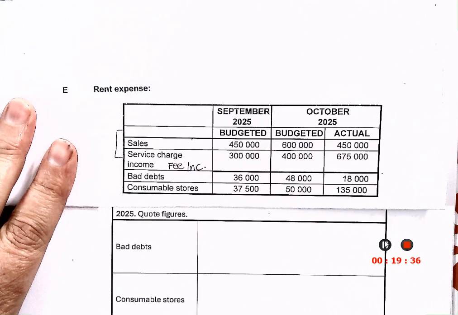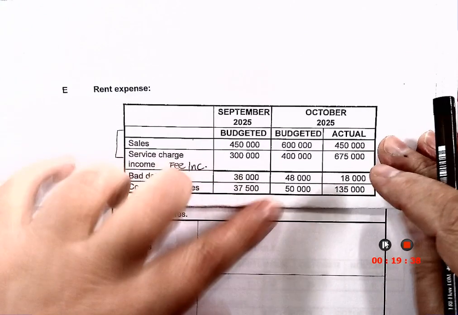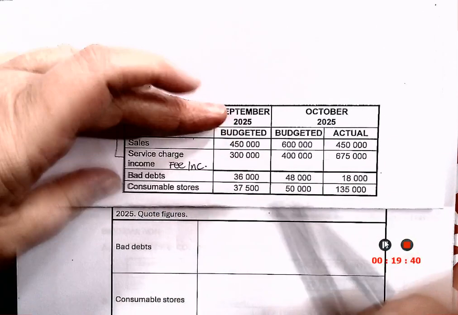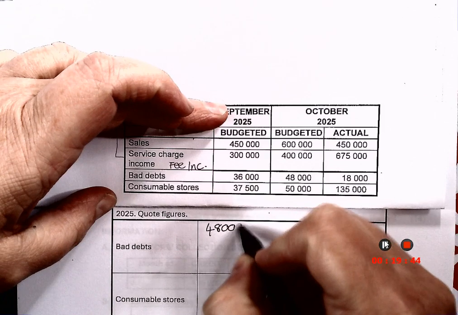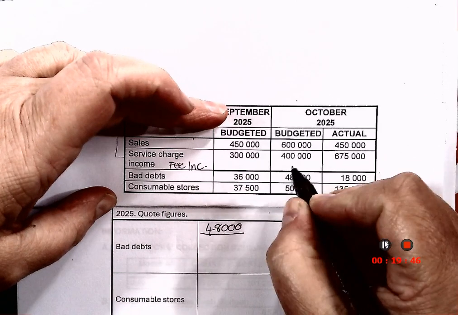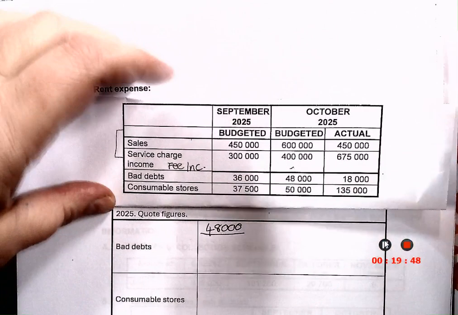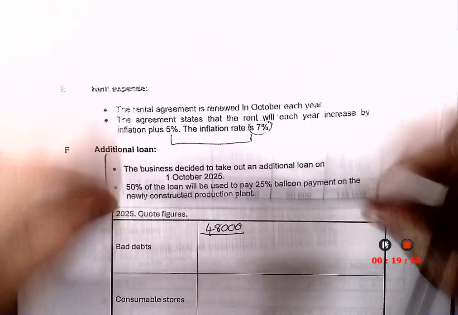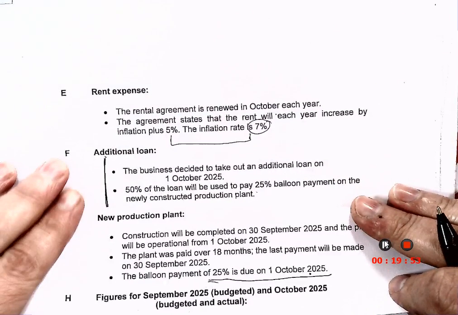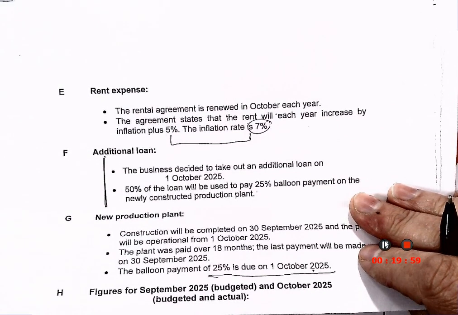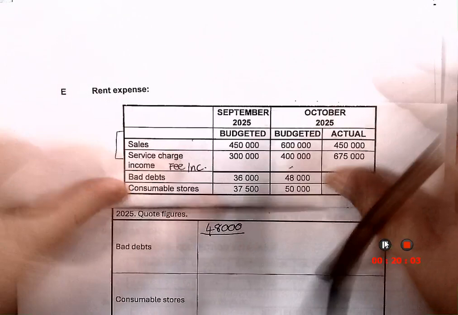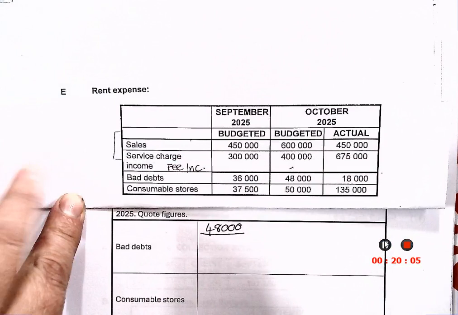Okay, so now let's quickly look. We budgeted for bad debts 48,000 on the sales. Do you think that service charge is also on credit? Did they say anywhere that that's also on credit? I know the sales is on credit, but they don't say anything about the service charge. So this is a grey area. So most probably the memo will make provision for both.